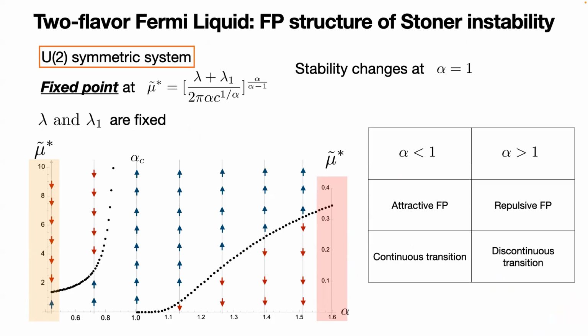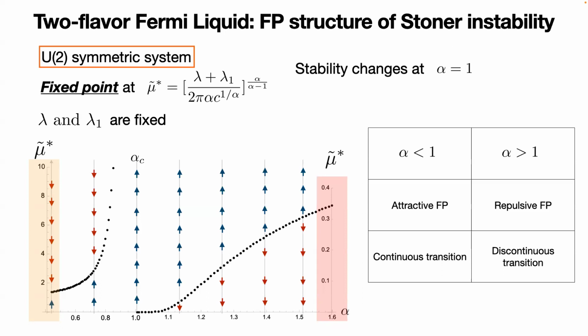Question? Yes. There's some previous literature studying the ferromagnetic transition in metals, saying it is usually discontinuous. And here it is continuous. That's a good question. So this comes to this slide. We haven't said whether this fixed point is stable or unstable, right?